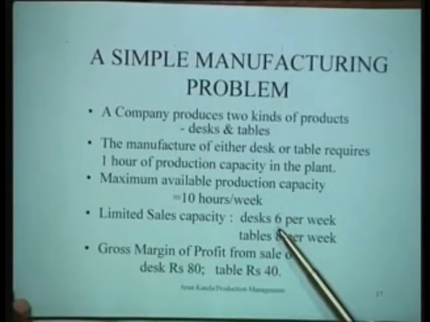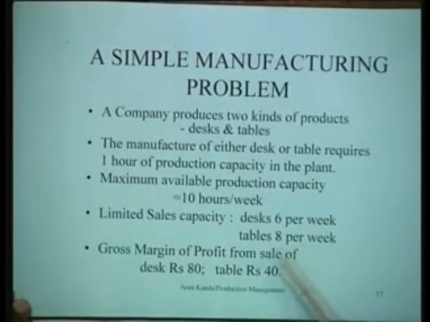You can sell at most 6 desks per week or 8 tables per week in that sense, and the gross margin of profit from the sale of the desk is 80 rupees and from the sale of a table is 40 rupees. So if we want to model this situation, actually this is a very important prototype occurring in industry.